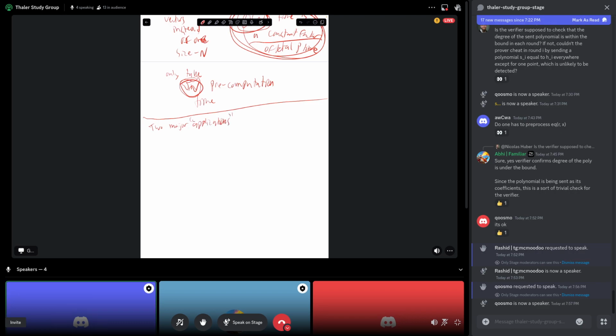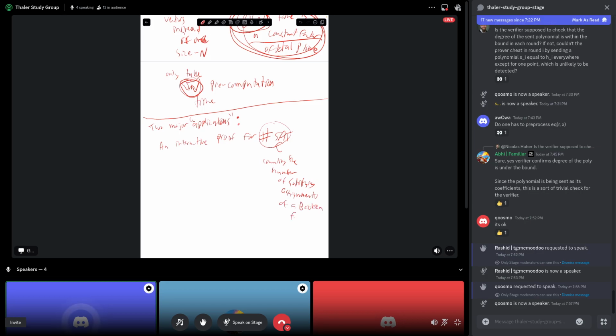Applications is in quotes here because one of these is totally impractical. So one is an interactive proof for what's called SharpSat. So this means counting the number of satisfying assignments of what's called a Boolean formula.